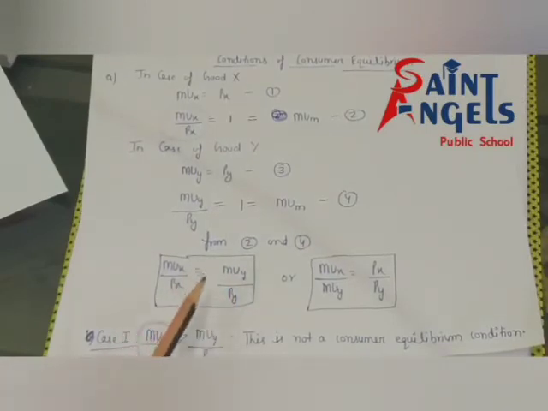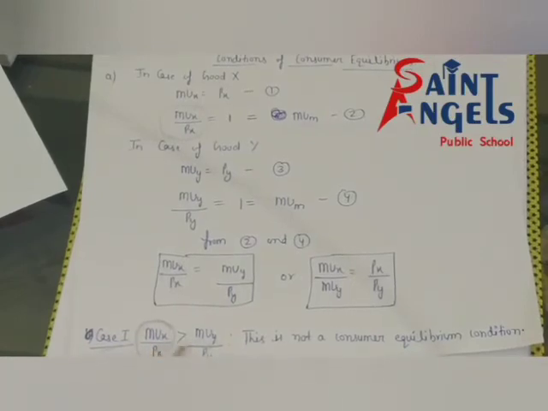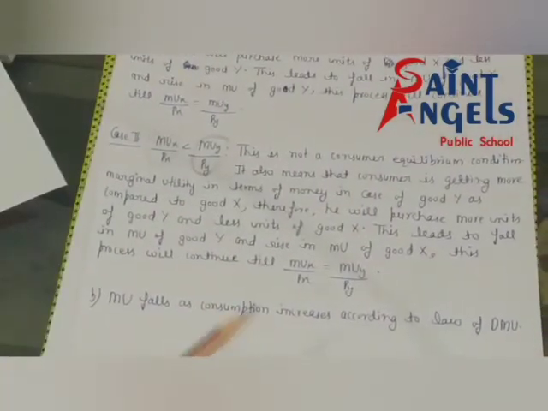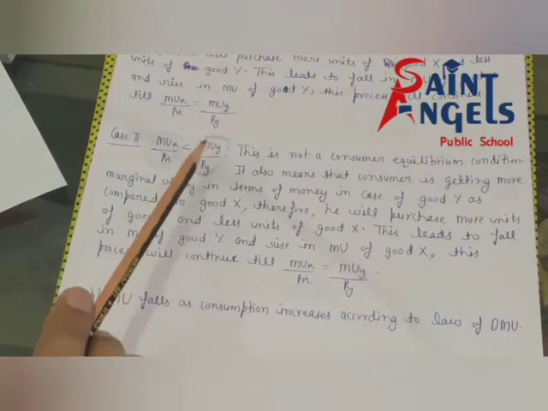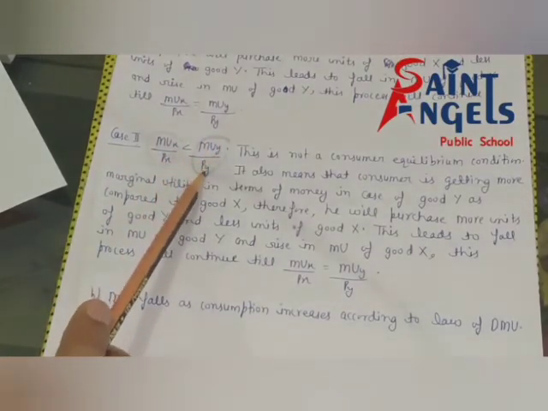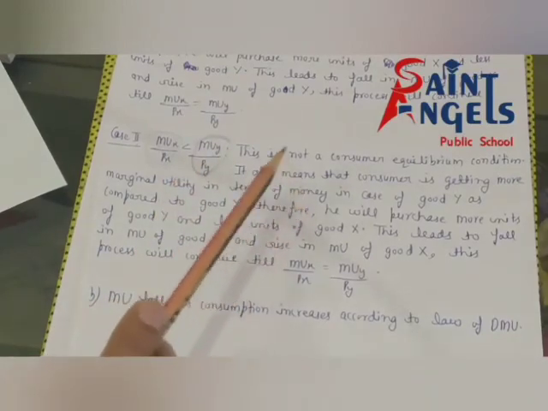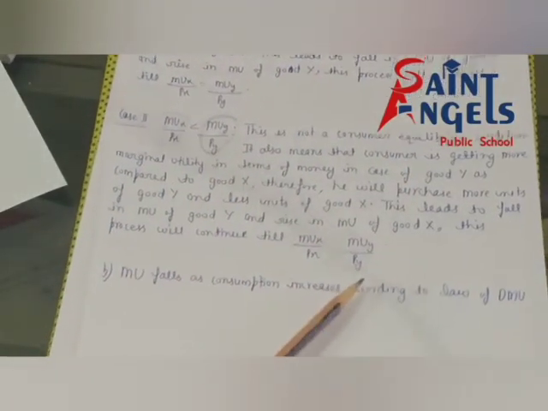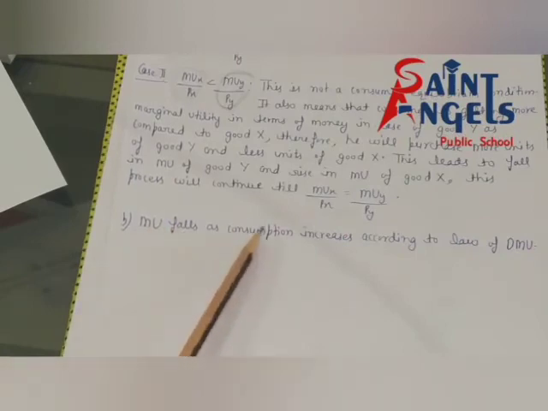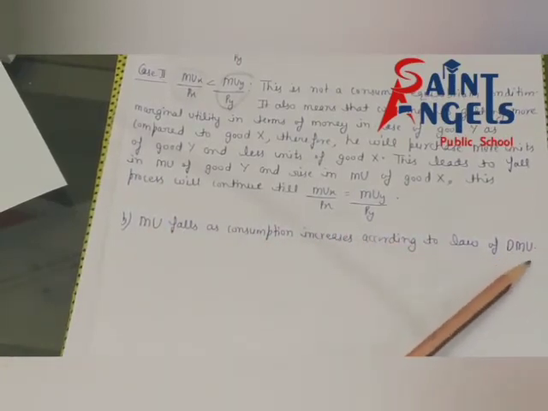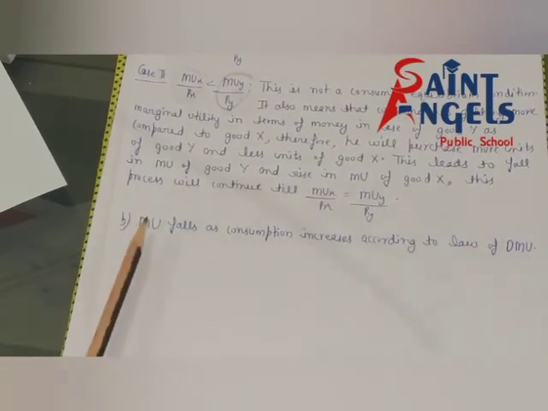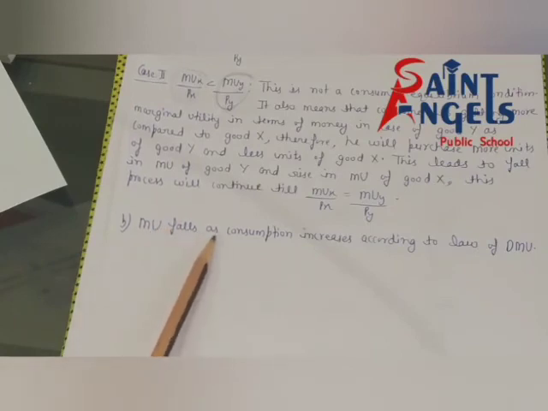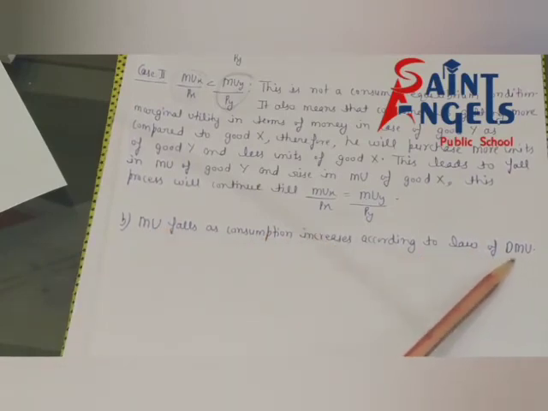After this, you will write the first exception case of this condition, MU X upon PX greater than MU Y upon PY, and define it. Then you will write the second exception case, MU X upon PX less than MU Y upon PY, and define it. Then you will write the second condition: MU falls as consumption increases according to the law of DMU, diminishing marginal utility.